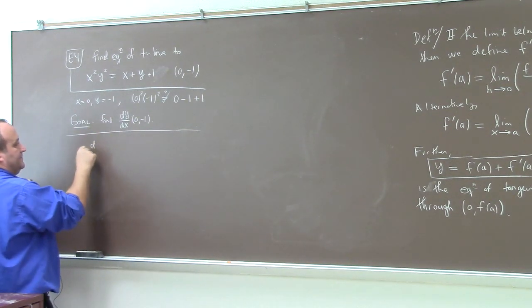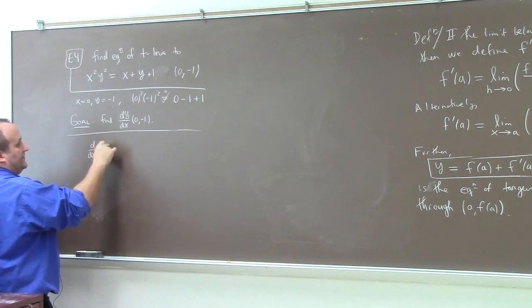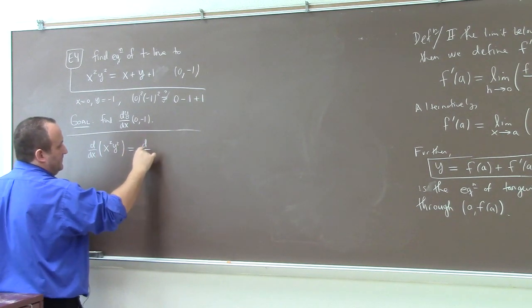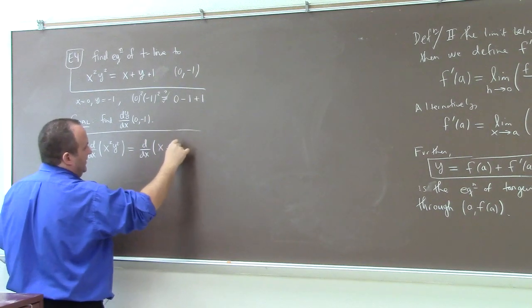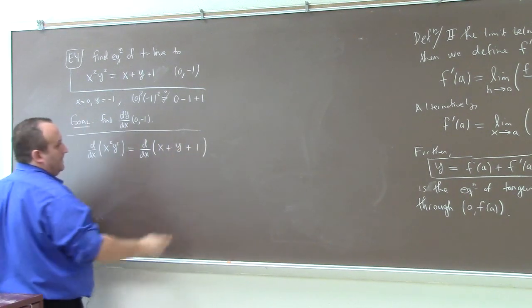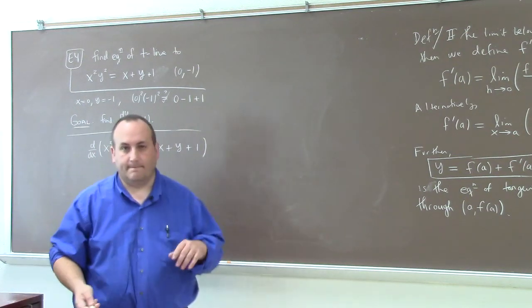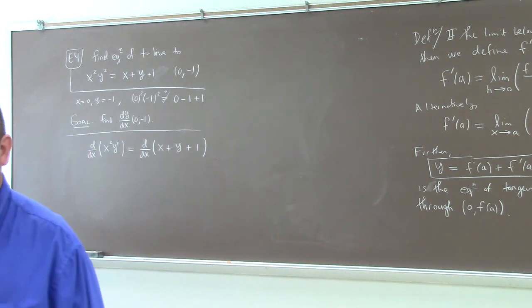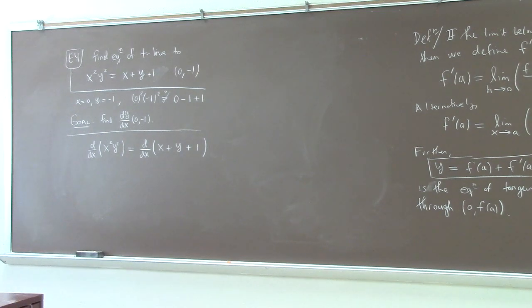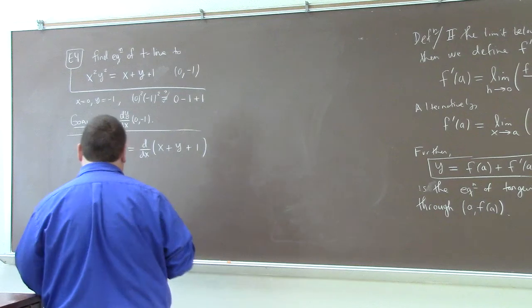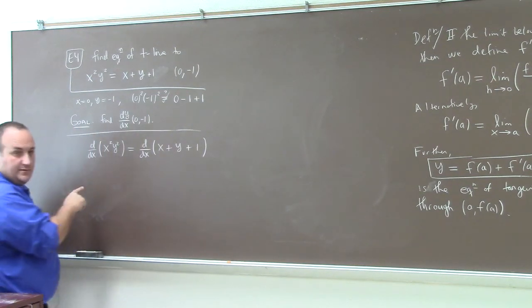We got d/dx of x squared y squared is d/dx of x plus y plus 1. What do I have to do? I got a product, right? This is a product, so I have to use the product rule.